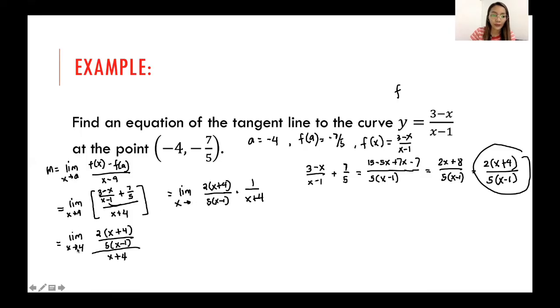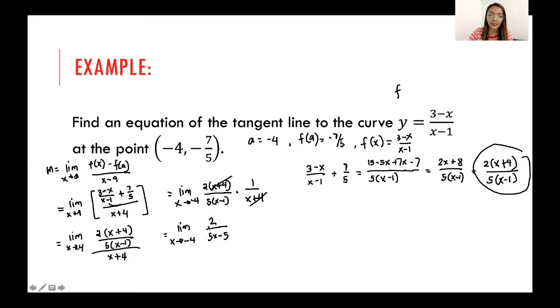Okay, so yung mga pwedeng i-cancel na natin. So, x plus 4, cancel na yan. And then afterwards, simplify na natin. So, we have the limit of 2 times 1 is 2 over, i-distributive property na natin, 5 times x is 5x minus 5, as x approaches negative 4.